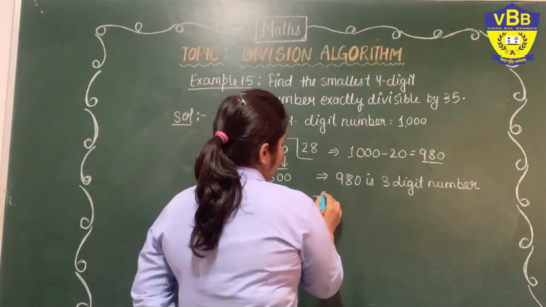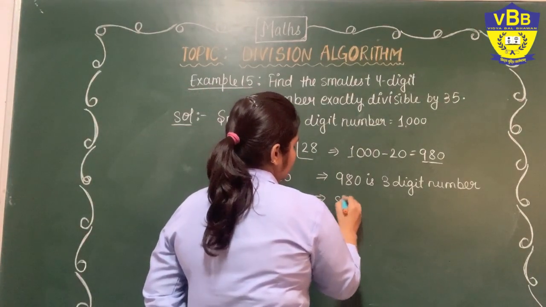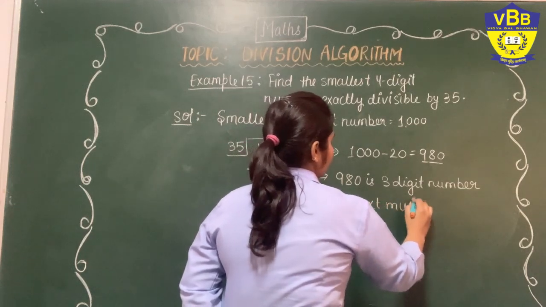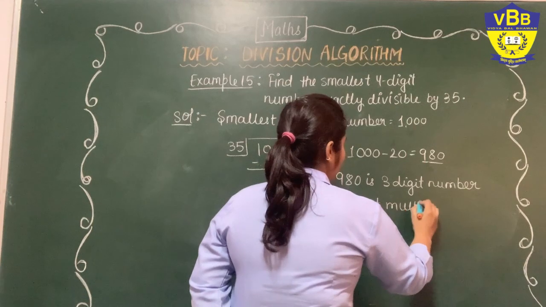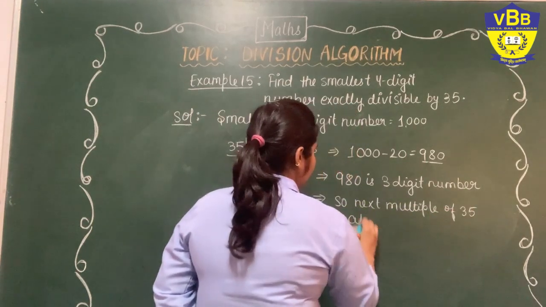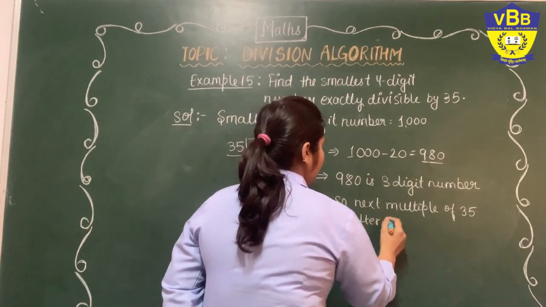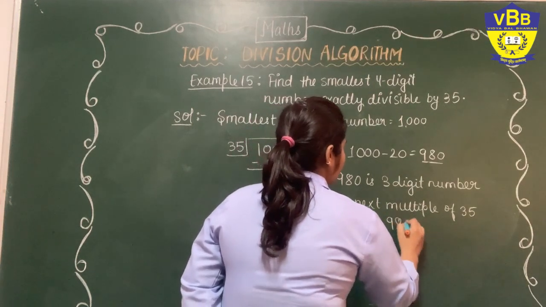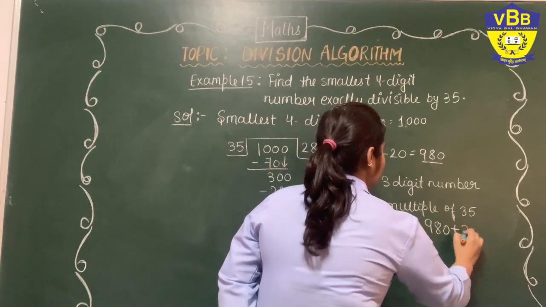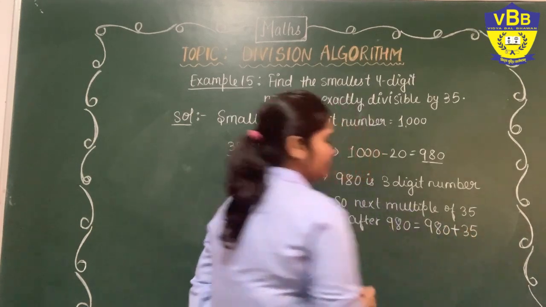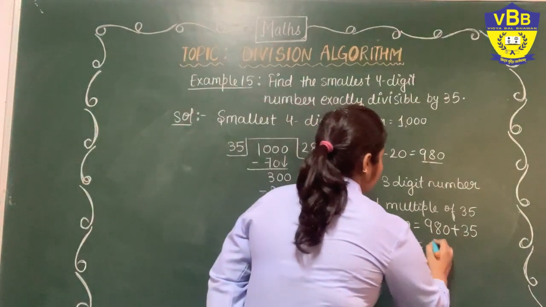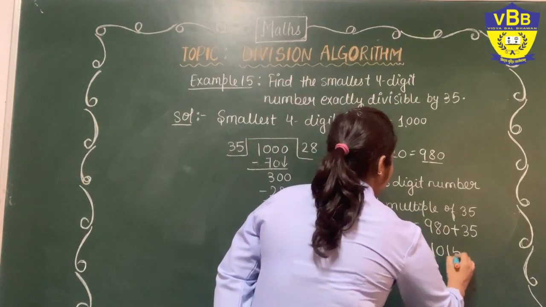So the next multiple of 35 after 980 will be 980 plus 35. Add them, it is 1015.